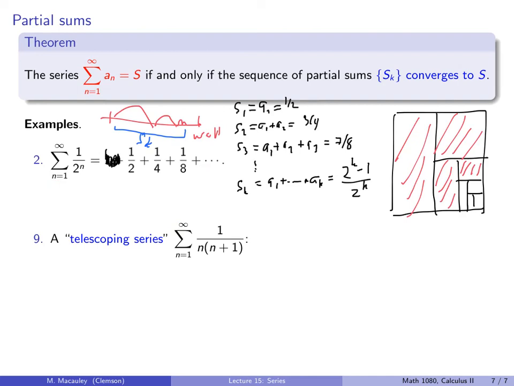Notice that this sequence of partial sums converges. So let me write that down.